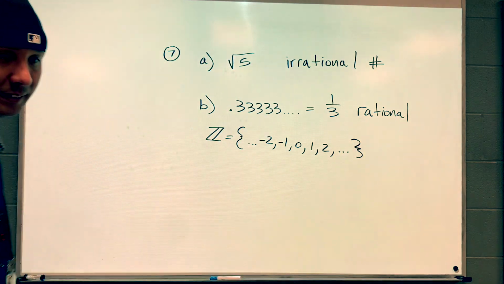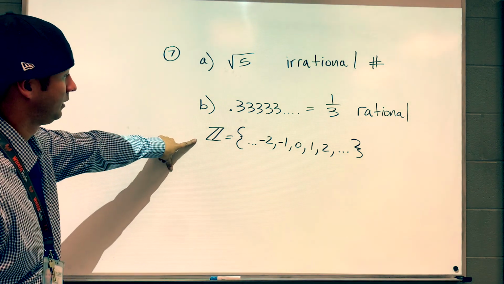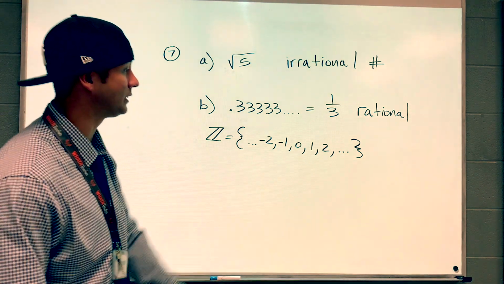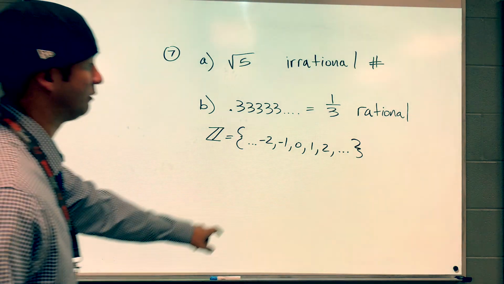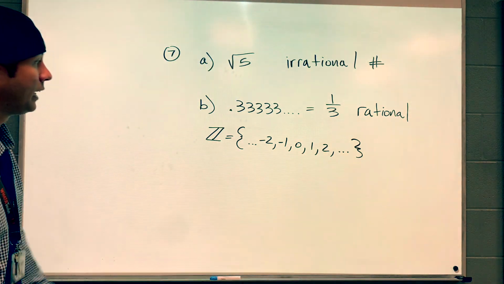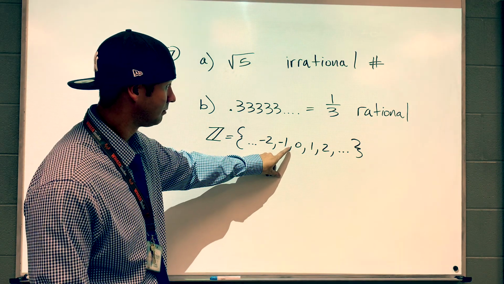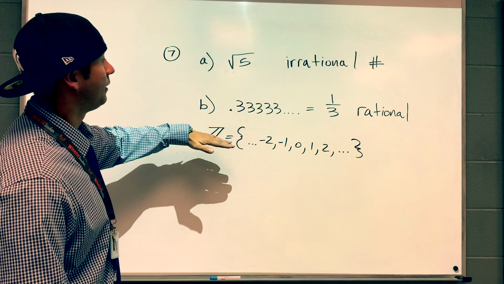If I take the set of all integers, that's what the bold struck Z is. It's the set of all integers, negative infinity to positive infinity, all the whole numbers, including the negatives and 0. So if I take any one of these numbers and make a fraction, then that's a rational number.